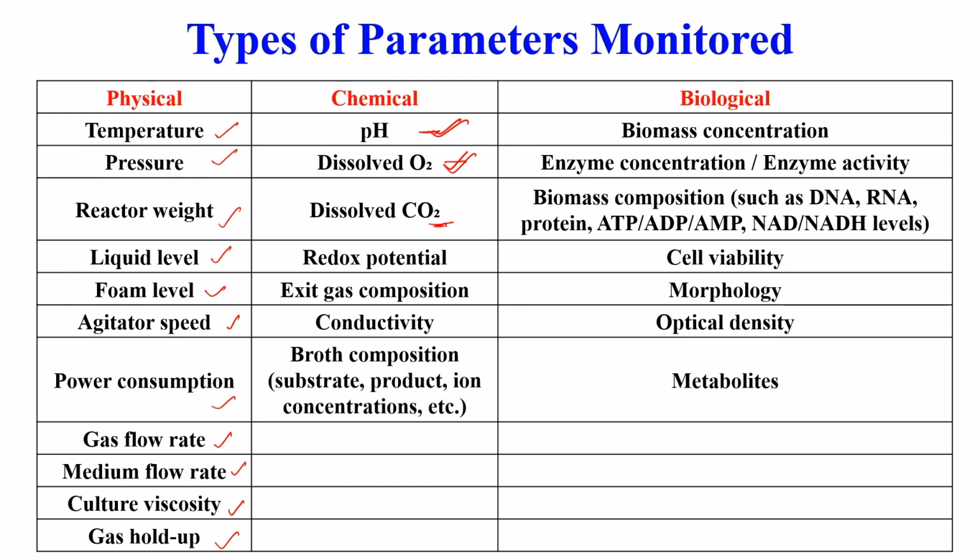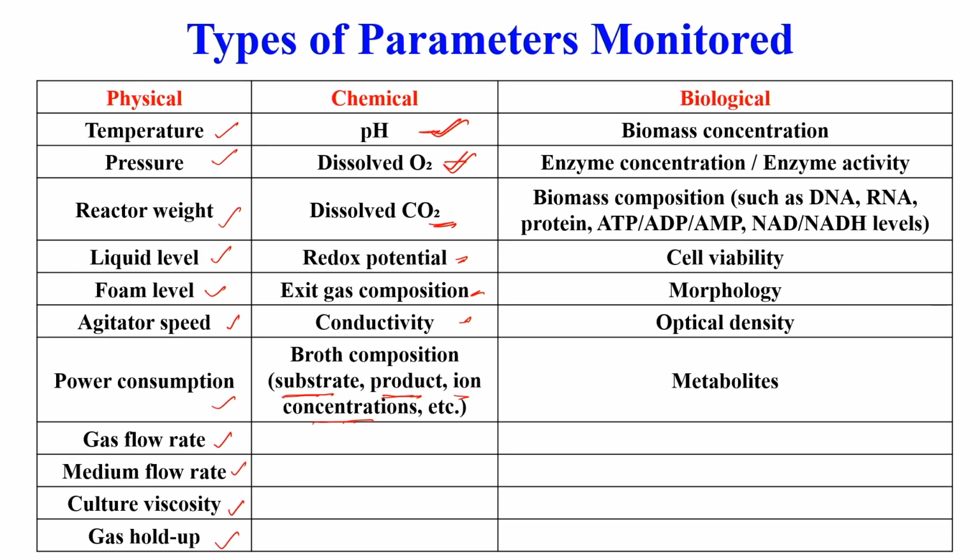In addition, the dissolved CO2 is also monitored, redox potential, composition of the exit gas, conductivity and broth composition. By measuring the substrate, one can measure the rate of substrate utilization. Measuring the product, one can monitor the rate of product formation, even one can monitor the ion concentration which are added as micro or macronutrients.